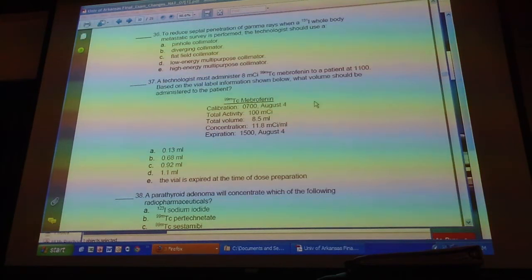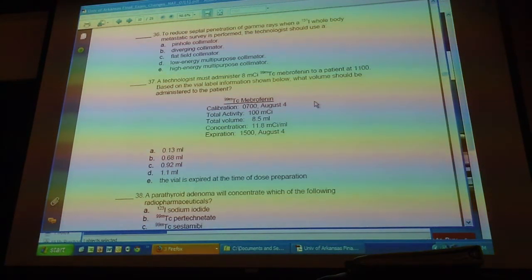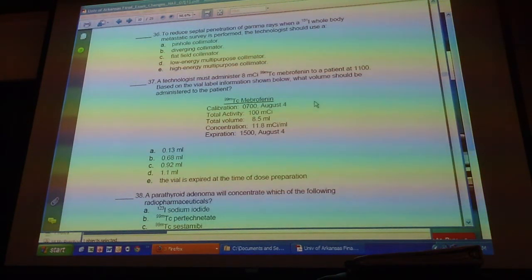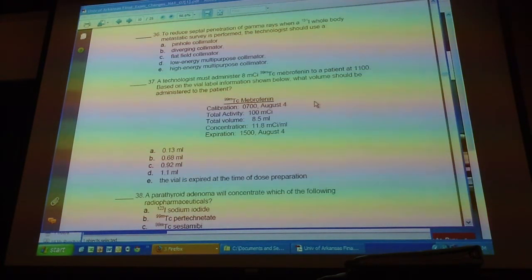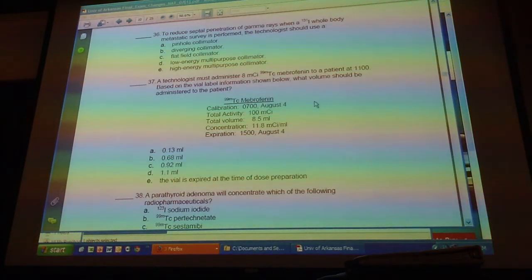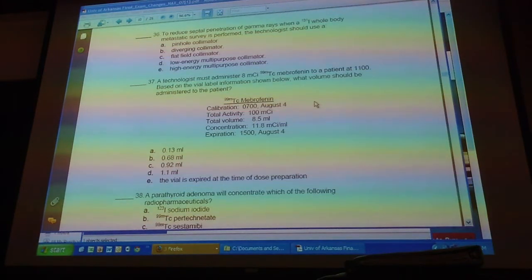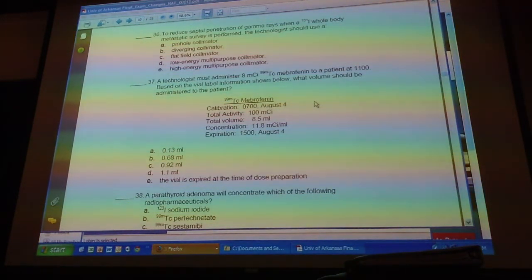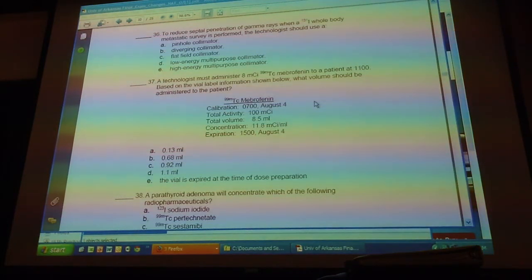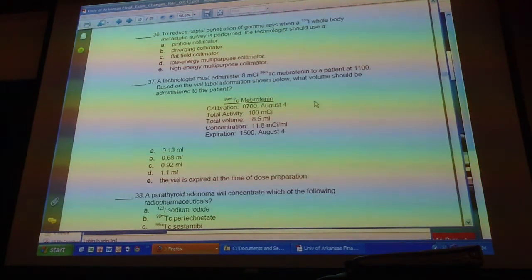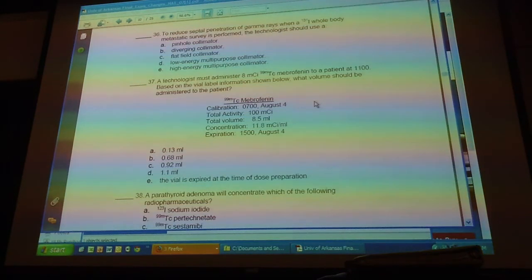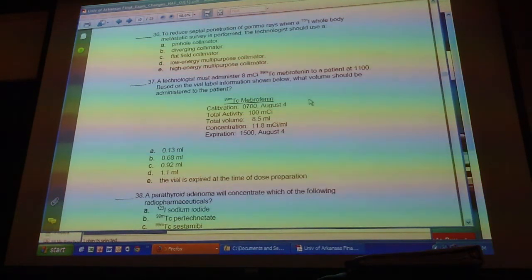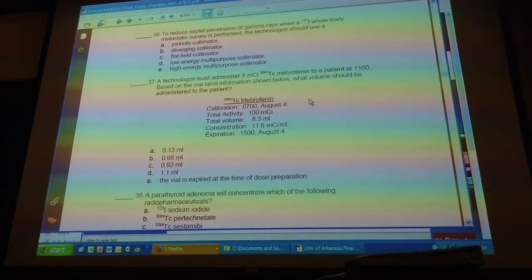If the questions stop as you're going through the NMTCB before you get to the end, then you probably passed. Either that or your answers were so terrible they just said, no way, this person's working with radioactive material. But on the ARRT, you will be doing all the questions, because they use those questions to determine whether or not they're going to be using them on future tests.